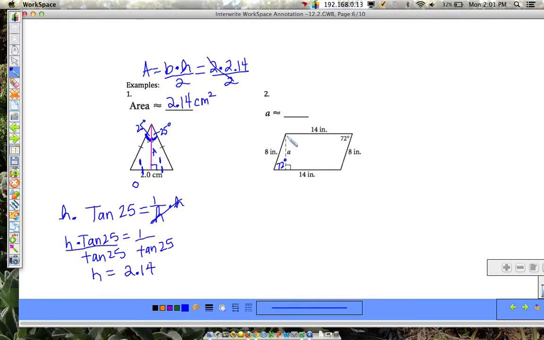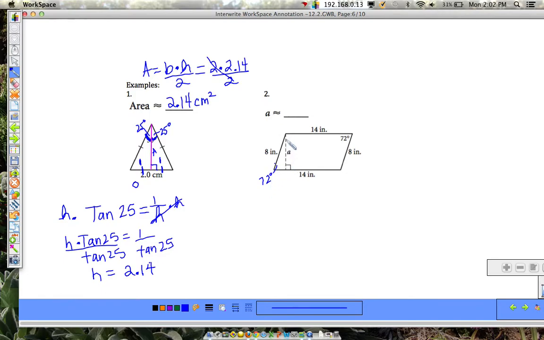So this angle would end up being 108 degrees, but we know this is 72, so we don't even have to worry about that. So here, this is 72. We're going to write this a little more clear.